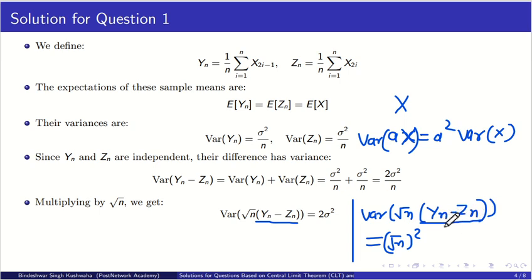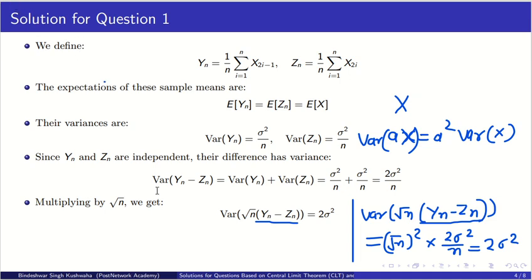We have already calculated that to be 2 sigma square upon n. So finally we get 2 sigma square, because that would be n.